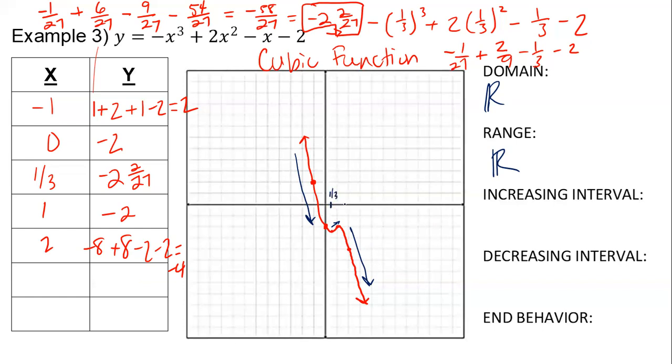So from 1/3 to 1, I increase. So my increasing interval is from 1/3 to 1. My decreasing intervals, I decrease to the left of 1/3. So when x is less than 1/3. And I decrease to the right of 1. So when x is greater than 1.